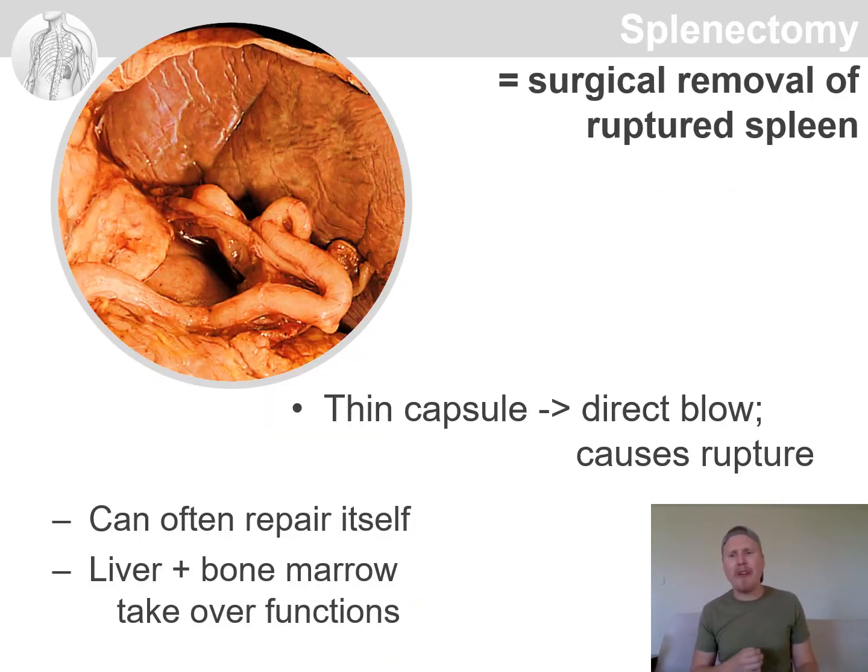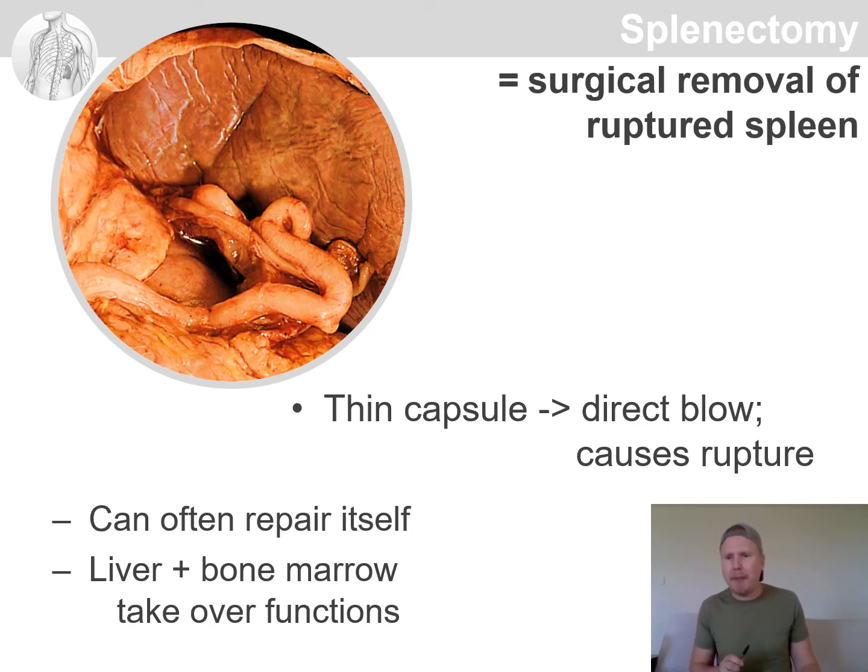One example of clinical relevance that comes to my mind results from the fact that the spleen has a very thin capsule around it. As a result, a direct blow or a severe infection can cause it to rupture. And if that was to happen, we perform something called splenectomy, which means surgical removal of the ruptured spleen. It is, though, less commonly performed these days, as we have found out that the spleen has a remarkable ability to repair itself.